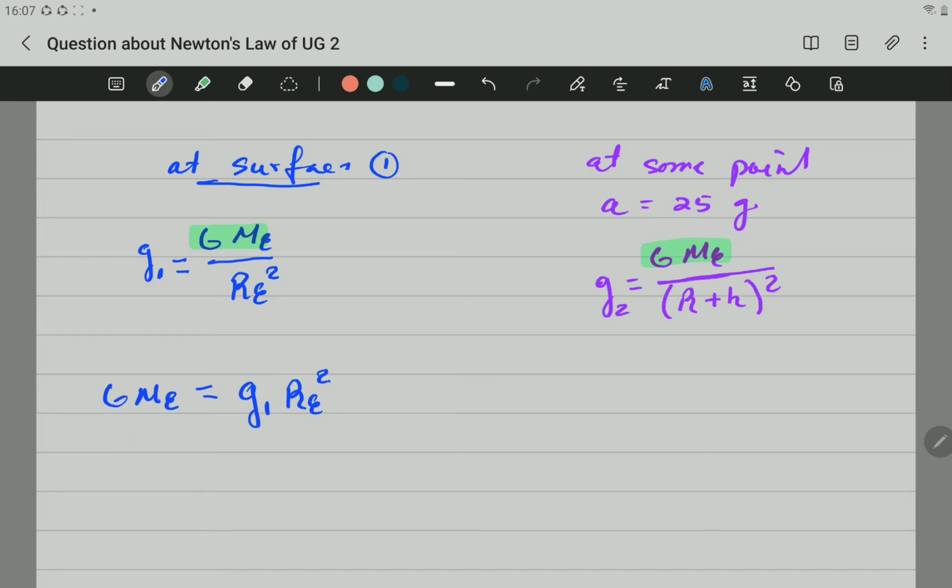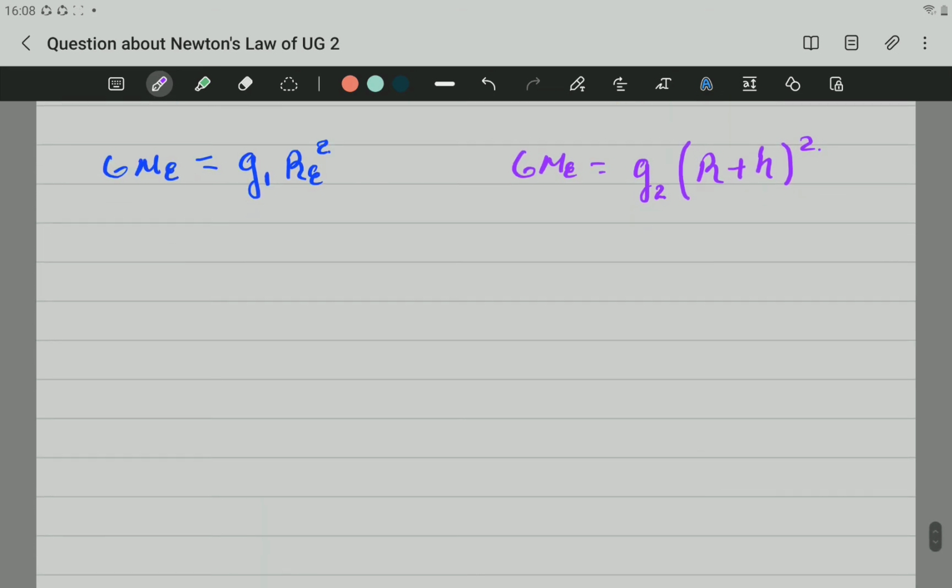And on the other side we will have that the product of the constant of gravitation multiplied by the mass of the Earth is equal to the product of the acceleration due to gravity at a certain point, where it is 25% of the acceleration at the surface of the Earth, multiplied by the radius of the Earth plus the height at which the satellite is going to be located. All right, and therefore, because those points are equal, we can equate now. So let's equate, and we have that this is equal to this.